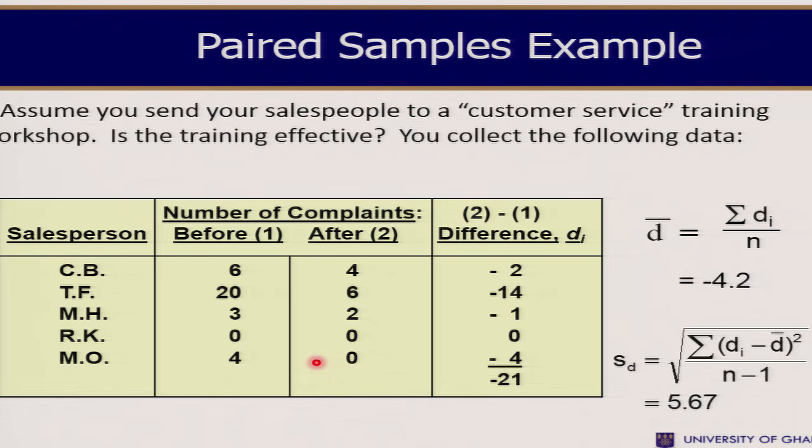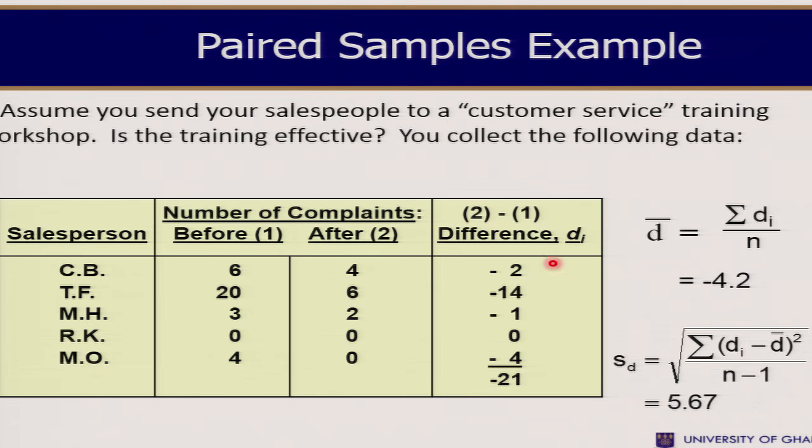So we take the differences, that is after minus before: the number of complaints after minus the number of complaints before, denoted as DI.